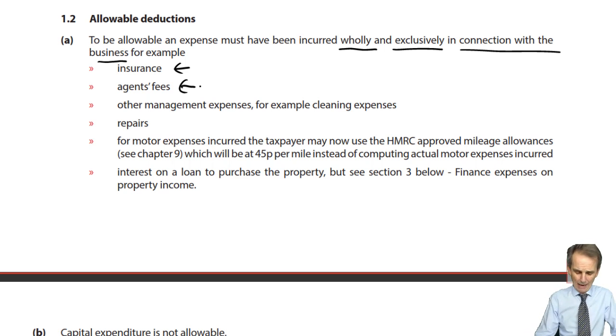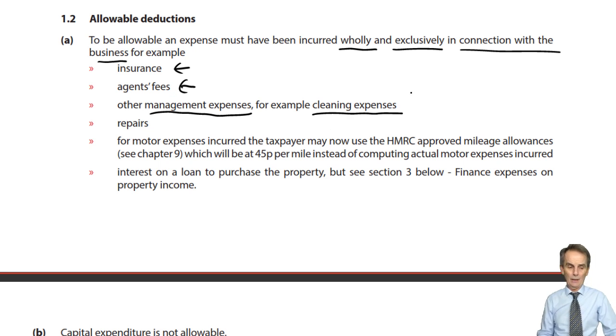That, of course, is an allowable expense that we have incurred. Other expenses associated with the management of the property. There might be cleaning expenses that we incur. Certainly what would happen if, for example, part way through the tax year, one tenancy came to an end and the tenant left.